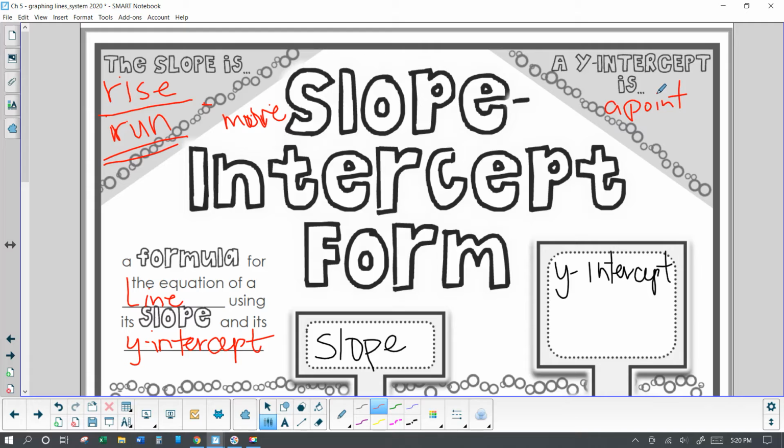The y-intercept is a point. It is a location on the graph, and it has an x and a y value, and it tells us where to begin. We're going to go to that point, and that's where we're going to start our graph.